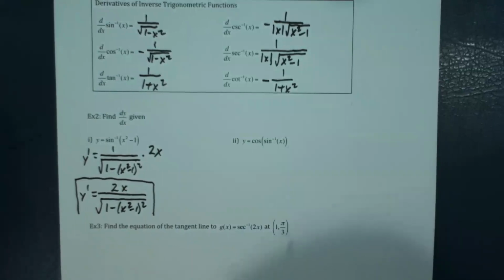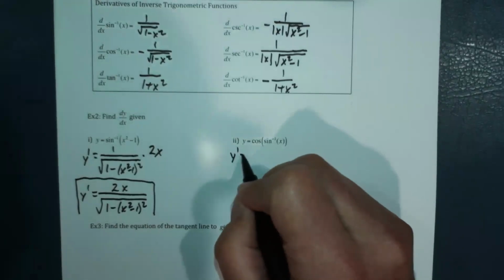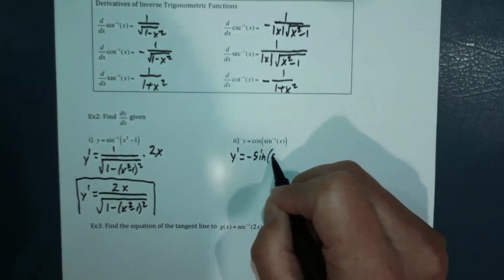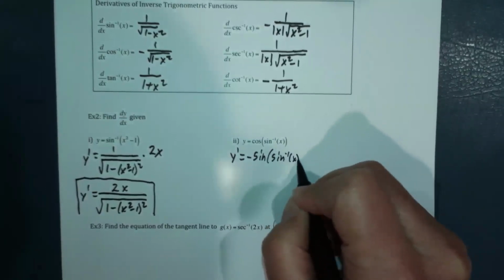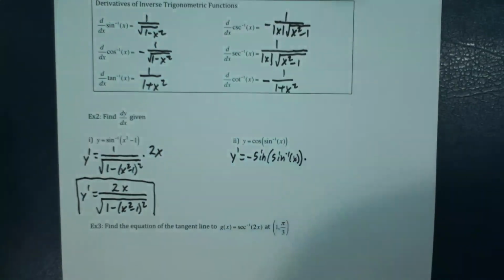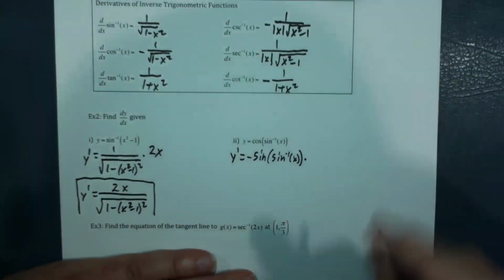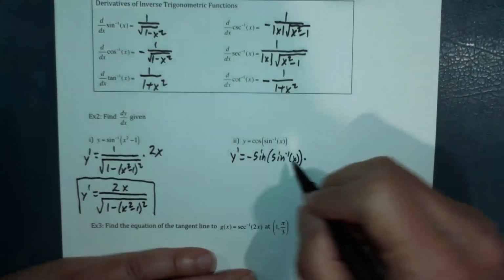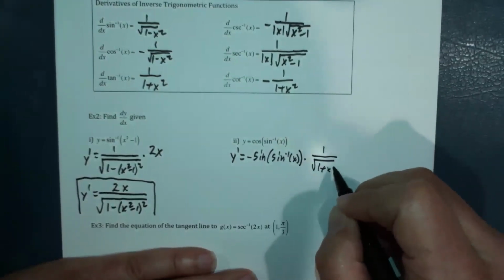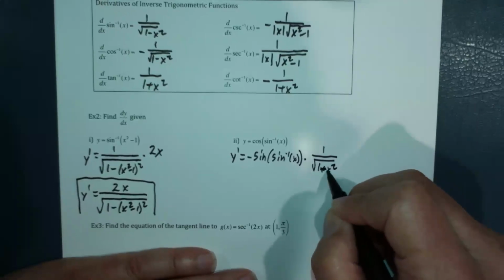All right. Let's do the second one here. Y prime is going to be the derivative of cosine, which is negative sine of the inverse sine, times the derivative of inverse sine, which is 1 over the square root of 1 minus x squared.